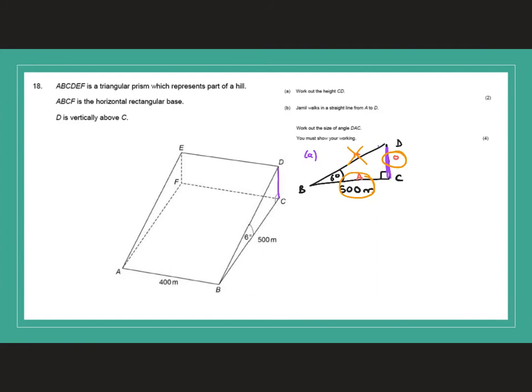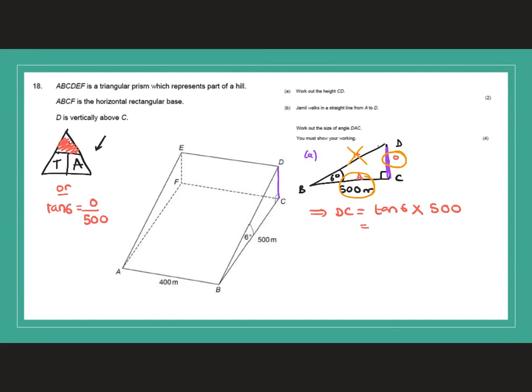So whichever way you want to do it, either make use of the TOA triangle and cross out O, which is what you're looking for, or set up the fact that tan 6 is equal to the opposite divided by the adjacent, which is 500, but either way you can work out that DC is tan 6 multiplied by 500. So it doesn't matter which method we use.